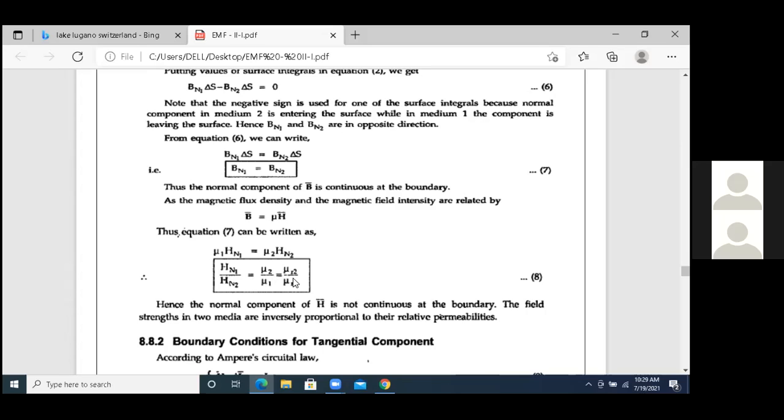So in English, that is saying that the normal component of the H field is not continuous at the boundary.